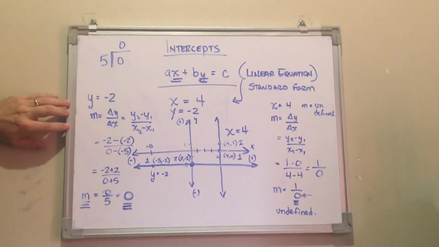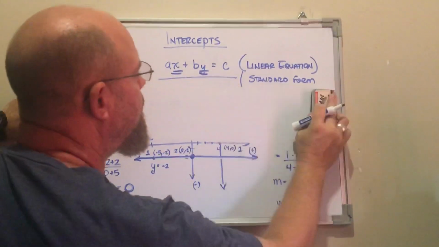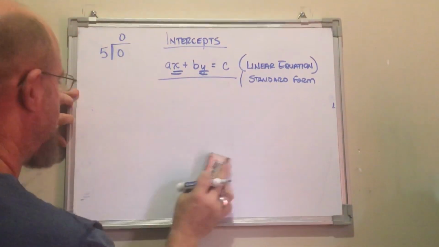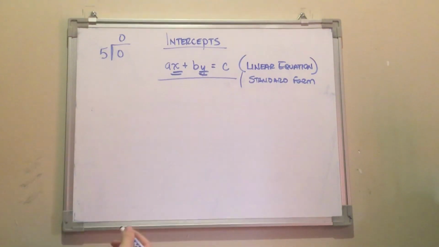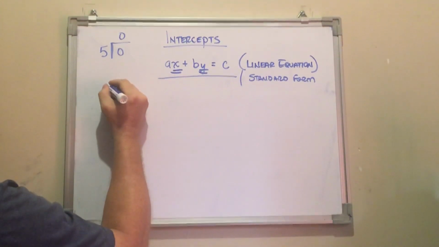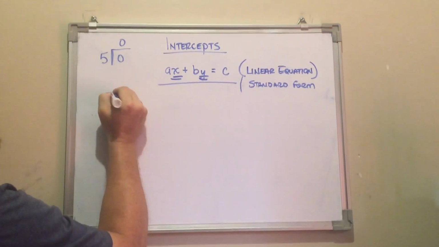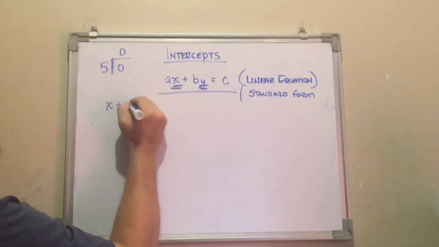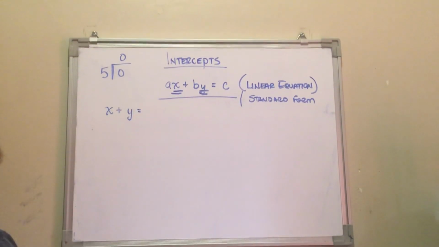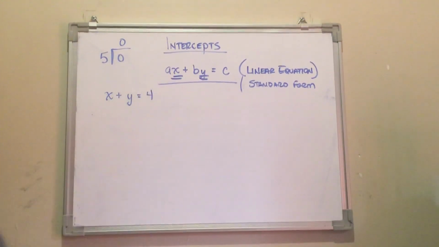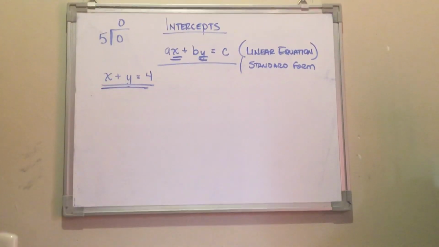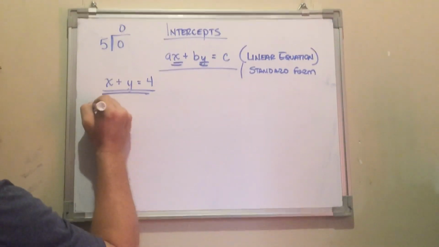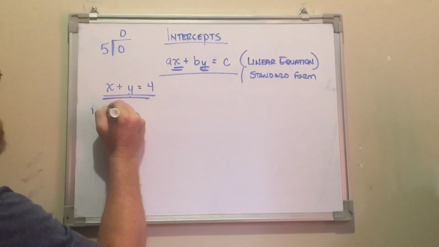All right, so let's do an assignment for you guys. What I want you guys to do is I'm going to give you a linear equation. And in this linear equation, number one, I want you to find the intercepts.